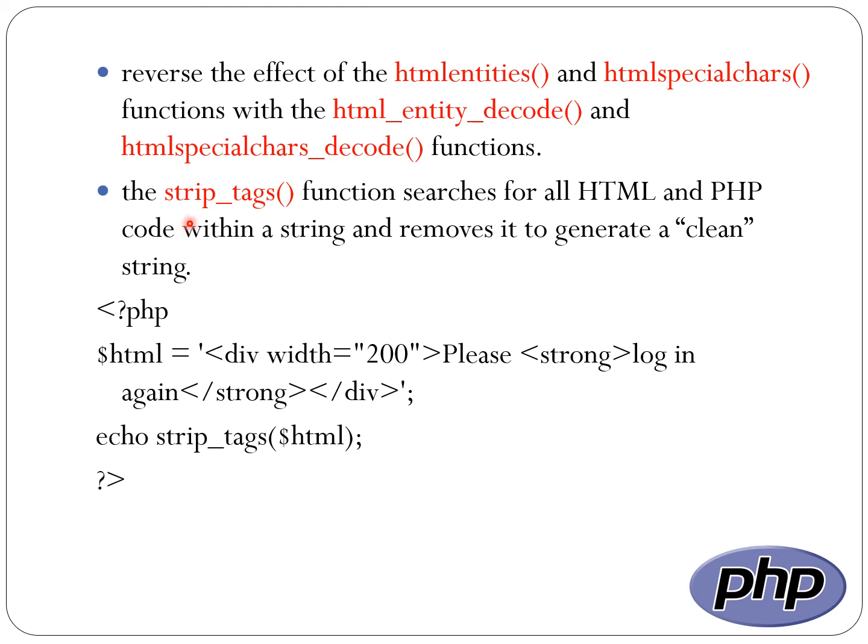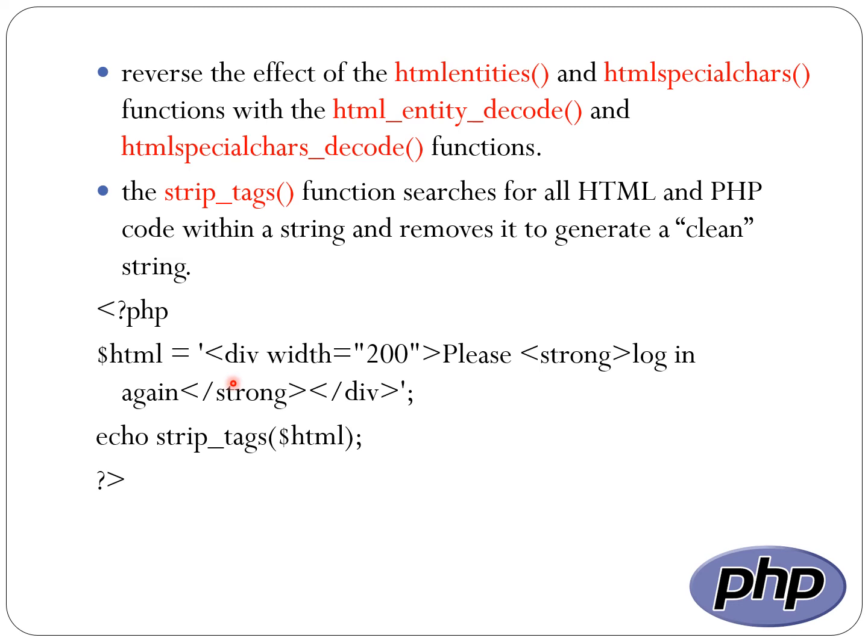Then we have one more function, strip_tags. This function searches for all HTML and PHP code within a string and removes it to generate a clean string. So strip_tags will remove all the PHP as well as HTML code and generate plain text. Here we have an example.